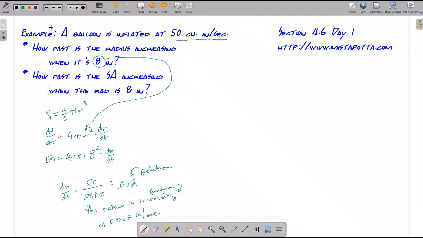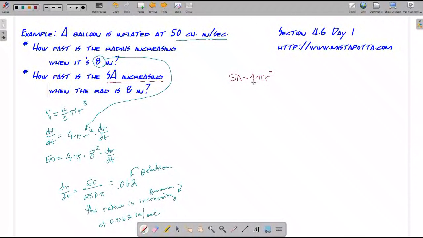So going to the second question here, the second question wants to know how fast is the surface area increasing. So now I need a relationship between surface area and radius. And there's a geometric formula that the surface area of a sphere is 4 pi r squared.